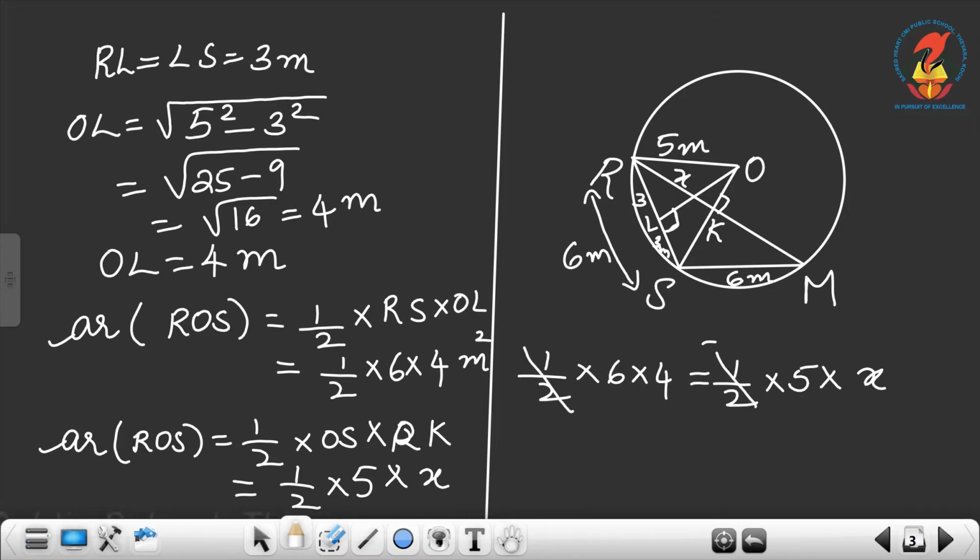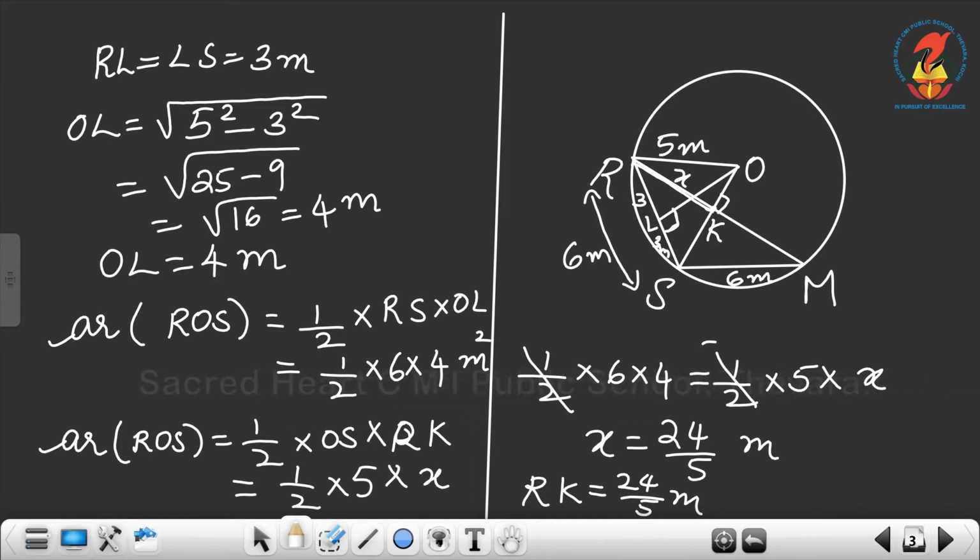Half and half can cancel. Remaining, x is equal to 24 divided by 5 meter. So we got RK is equal to 24 by 5. From here, what's the relation between RK and RM? It is double. Why?